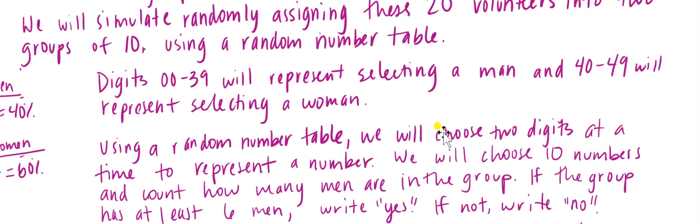Choosing numbers on a random number table is how I'm going to model picking 20 volunteers for this group of 10. It says digits 00 through 39 will represent selecting a man, and 40 through 49 will represent selecting a woman. That 49, I'm pretty sure, is not supposed to be 49.